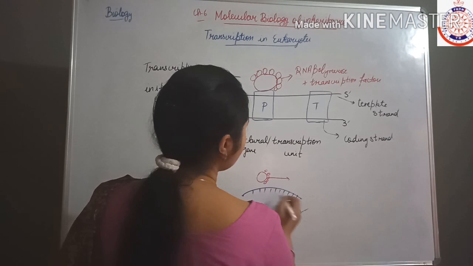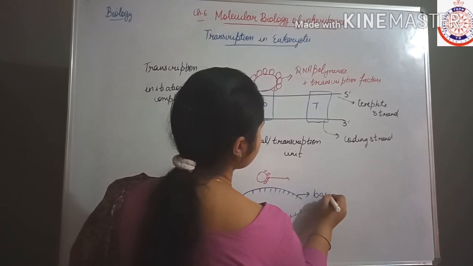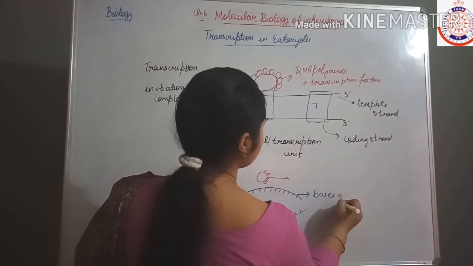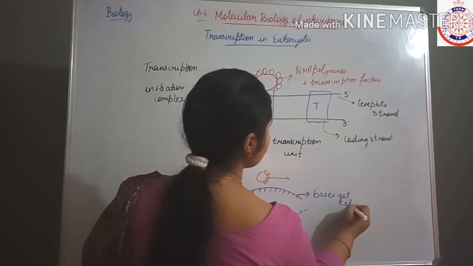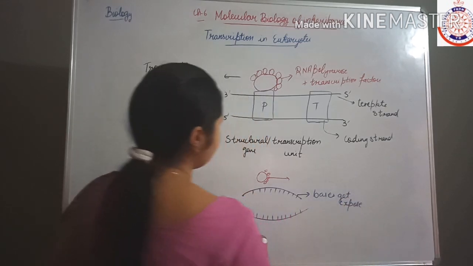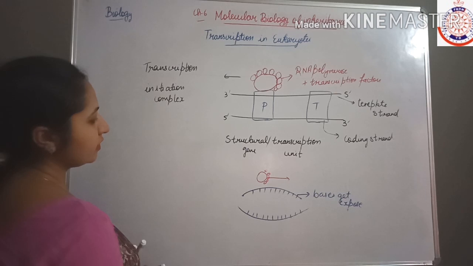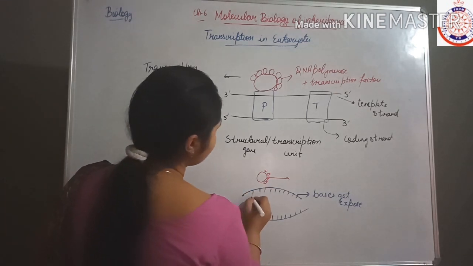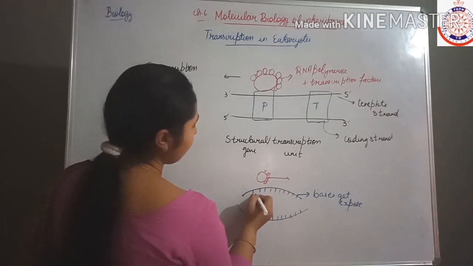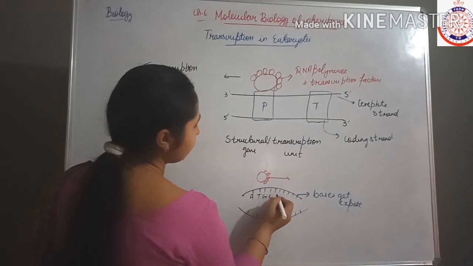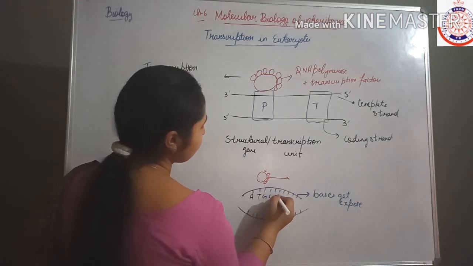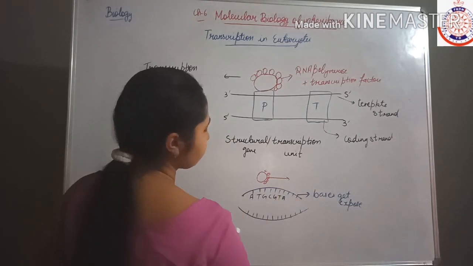Suppose here over the DNA helix, what is present? A, T, G, C, and then G, T, A.